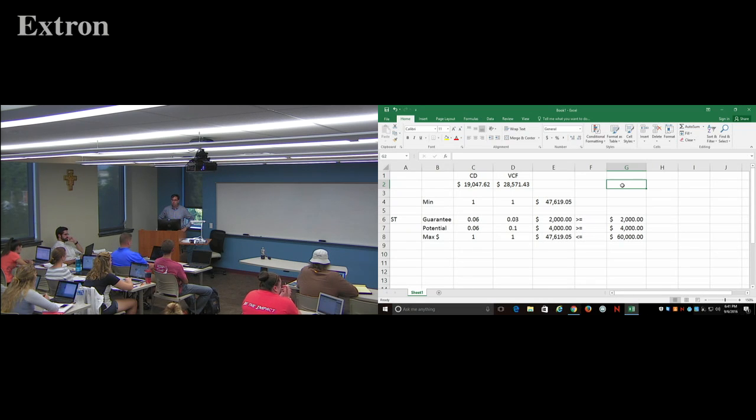So how much walking around money does George have? This is what he really wanted to maximize, I guess. $12,380. Sure, so if we said equal G8 minus E4, that's how much money he has left over, right?